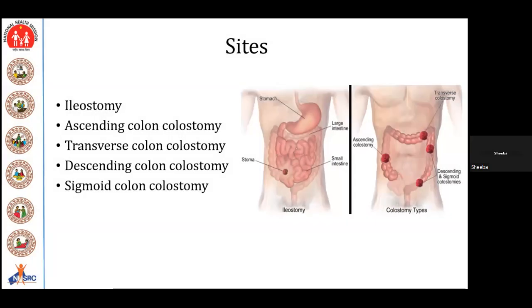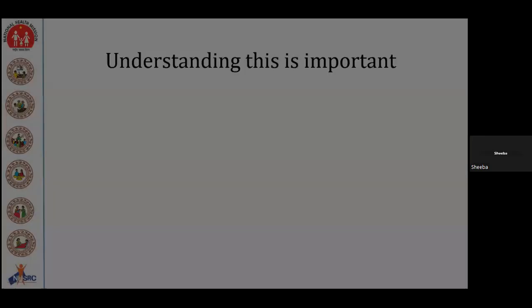And we know if the patient is having any problem with the small intestine, we usually do the ileostomy. Like sometimes the ascending part develops a tumor, at that time also we usually do ileostomy. And there are 4 parts of the large intestine: ascending colon, transverse colon, descending colon, and sigmoid colon.